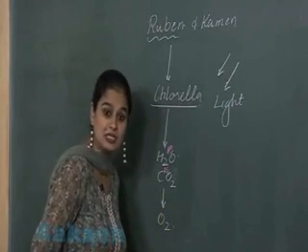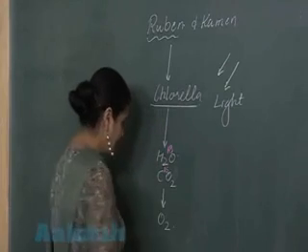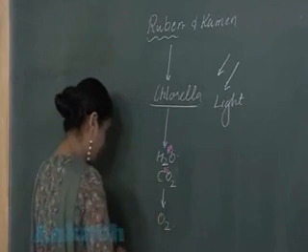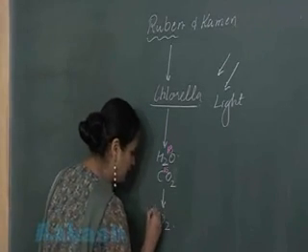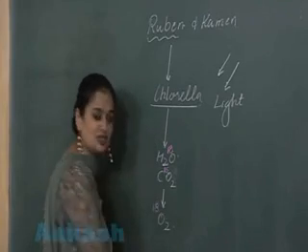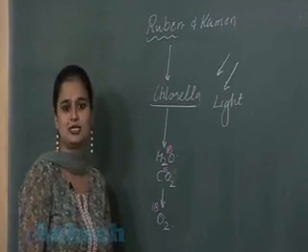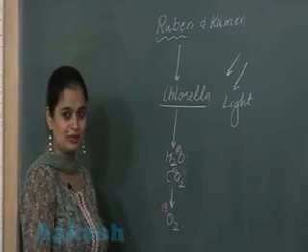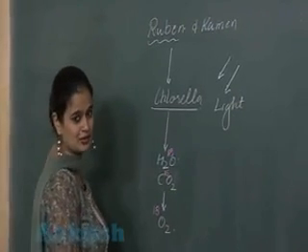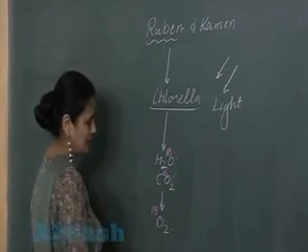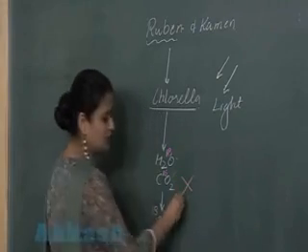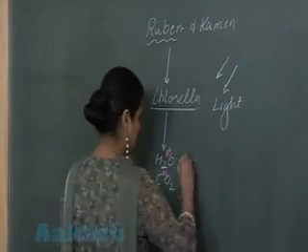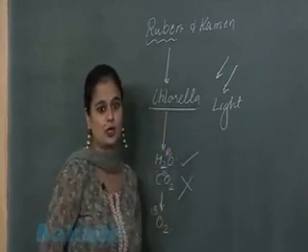And this oxygen was tested, and what was observed, that instead of the normal oxygen, the oxygen which is produced is radioactive, which clearly showed that in photosynthesis, the oxygen which is released is not contributed by the carbon dioxide, the contributor is water.